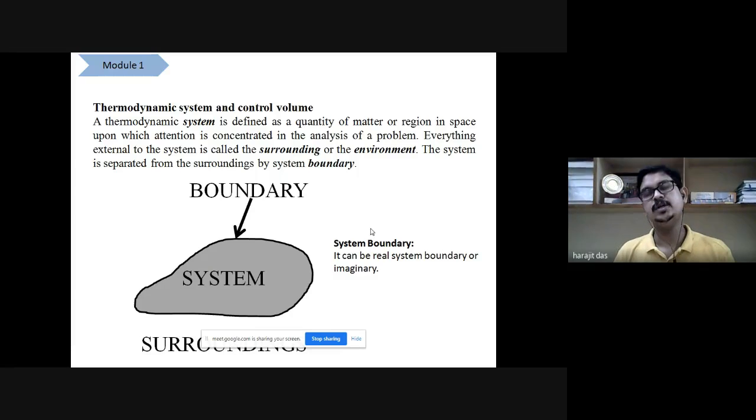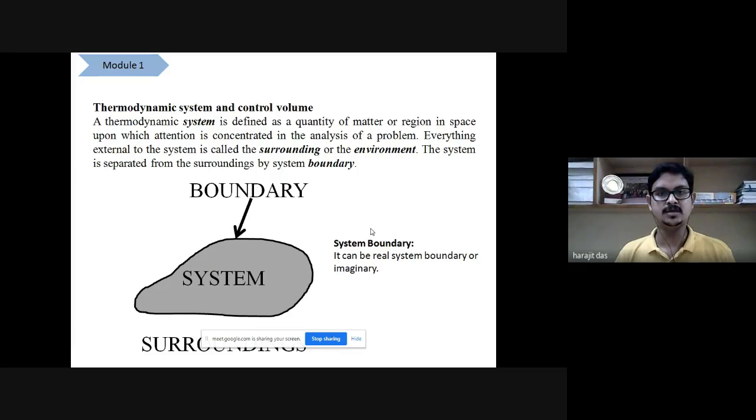Or you can define it another way: anything which is taken under observation, which is a subset of the universe and which is separated from the universe by a boundary, is called a system. A system may be anything: one compressor, one boiler, one IC engine, the human body, your room, your classroom.